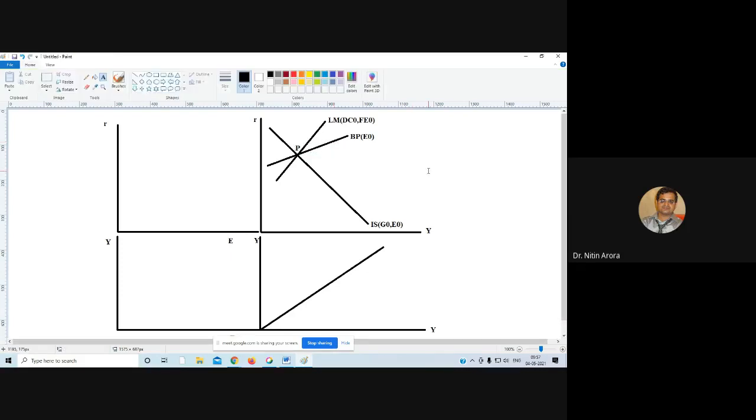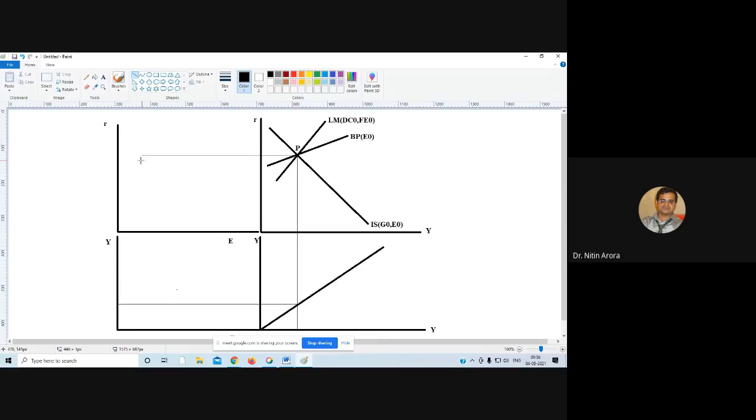Now, let us suppose, let me first of all draw these points. From equilibrium, I will draw the level of income and equilibrium interest rates. Okay.